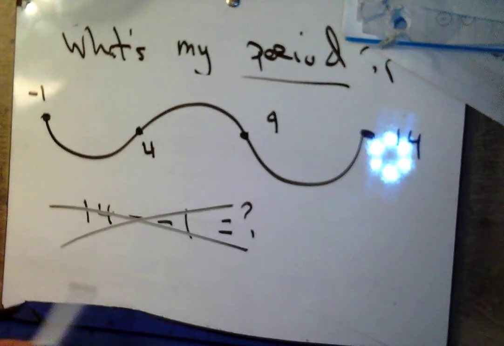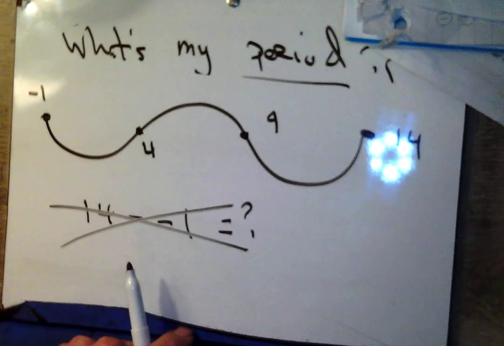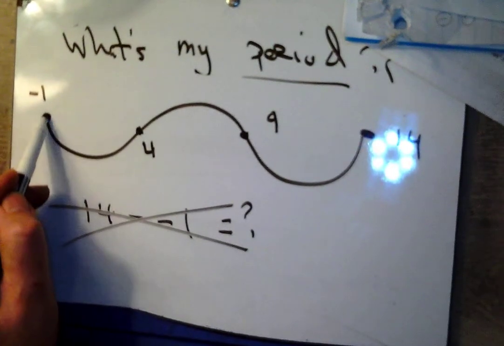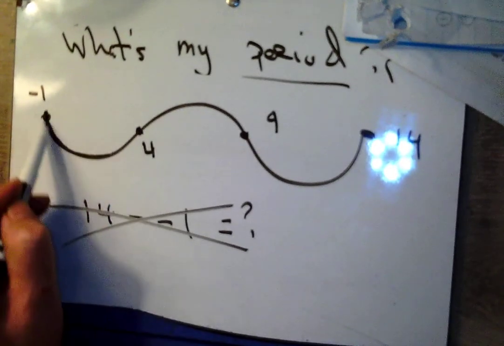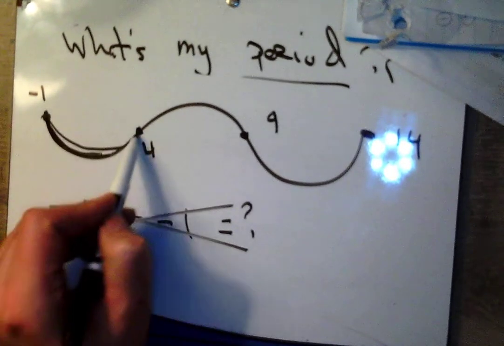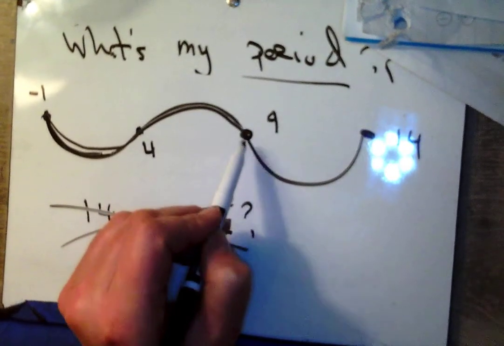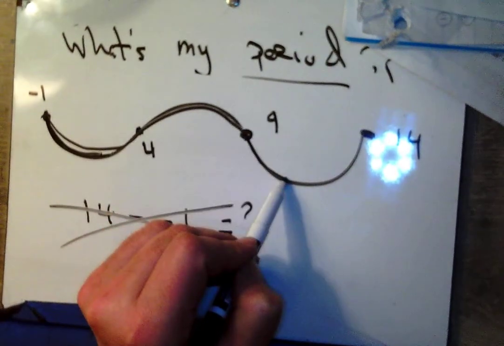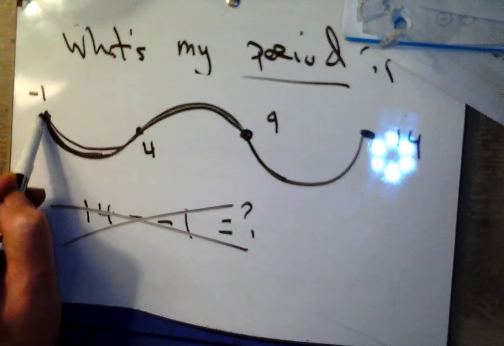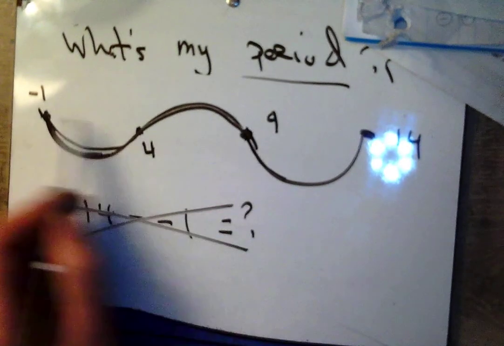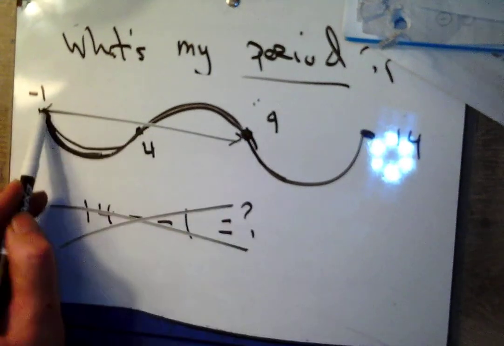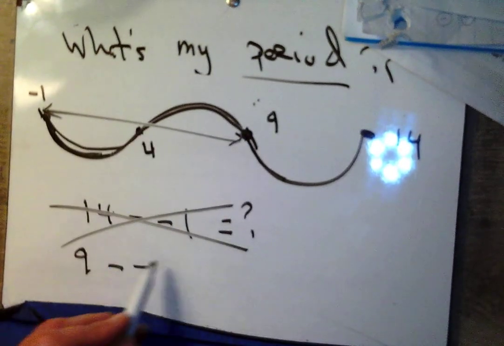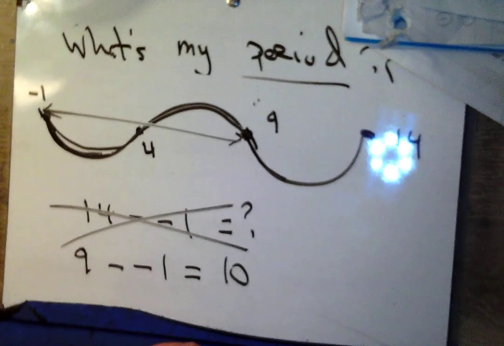No, that's more than one period. If I'm starting here and I want to get back to here where the graph starts going down, this is the place where the graph starts going down. Going down to going down. So the period goes from here to here. So I should have 9 minus a minus 1 or 10.